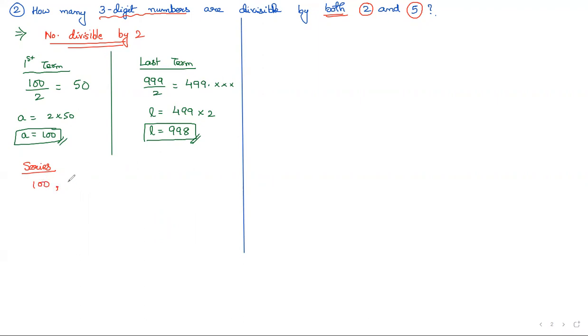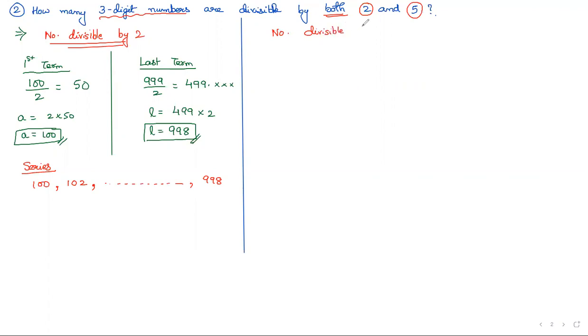So what should be the common difference? Sir, it is divisible by 2, so it is 2. 102 goes on, you can write two numbers enough. And the final last number is 998.